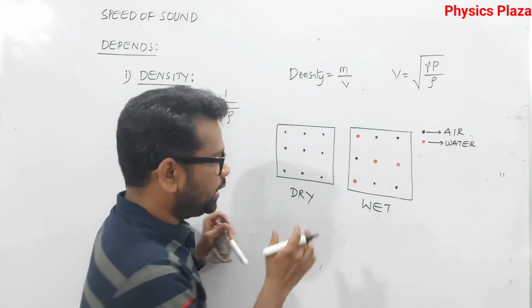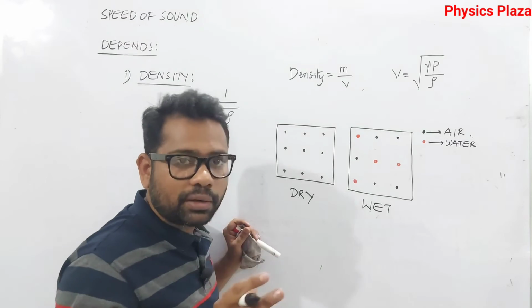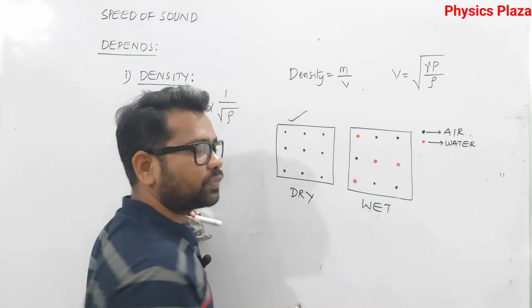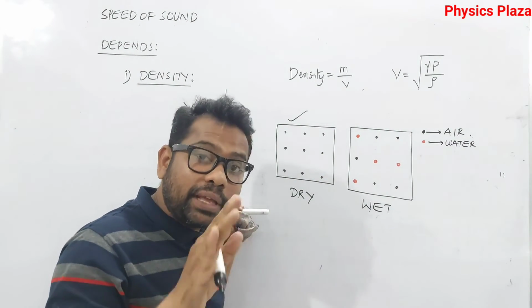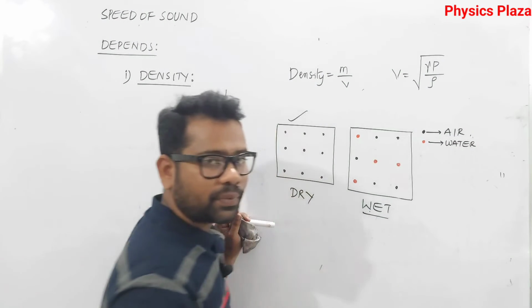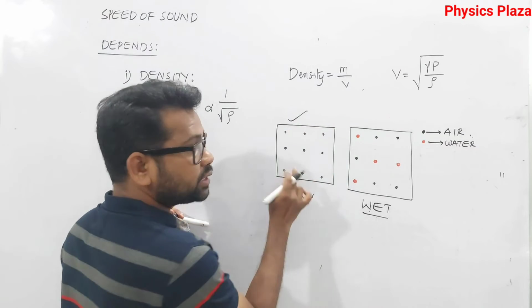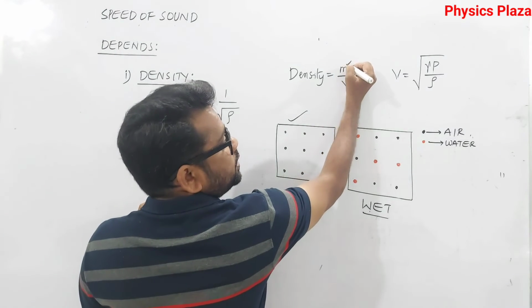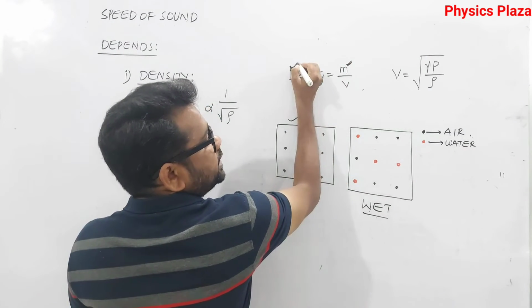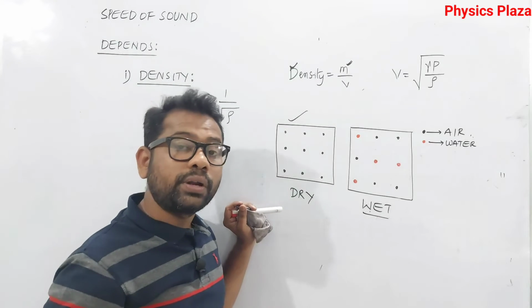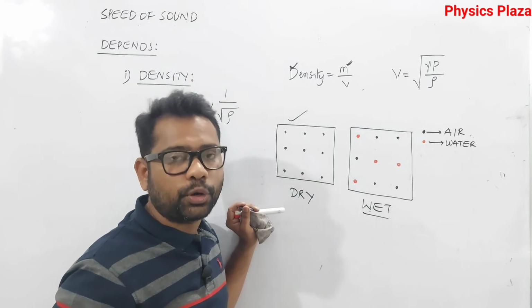So now you think, in which case more number of air molecules are present? In a dry air. In which case less number of air molecules are there? In wet air. Now children, in a dry air, more number of air molecules are present. So more is a mass, more is a density. Very, very important.